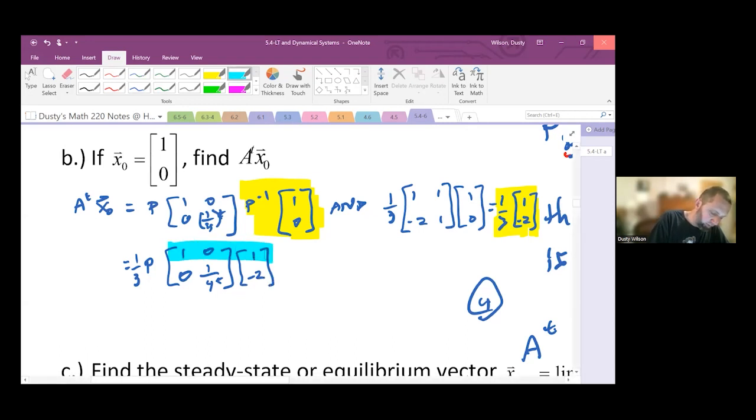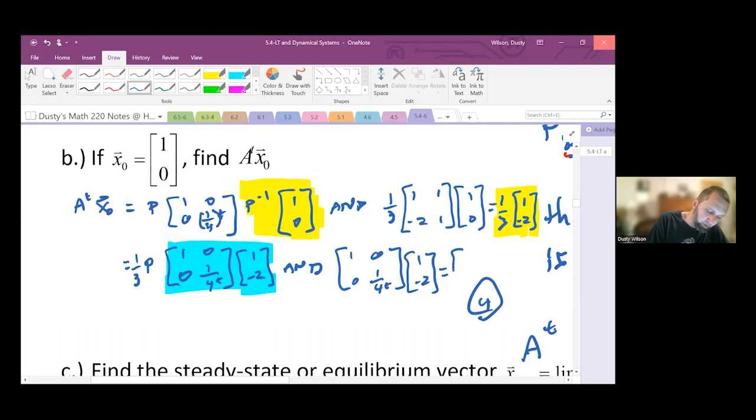Now we could figure out what this blue expression is equal to: [1, 0; 0, 1 over 4 to the t] times [1, -2] is [1, -2 over 4 to the t]. That's what our blue quantity is equal to.